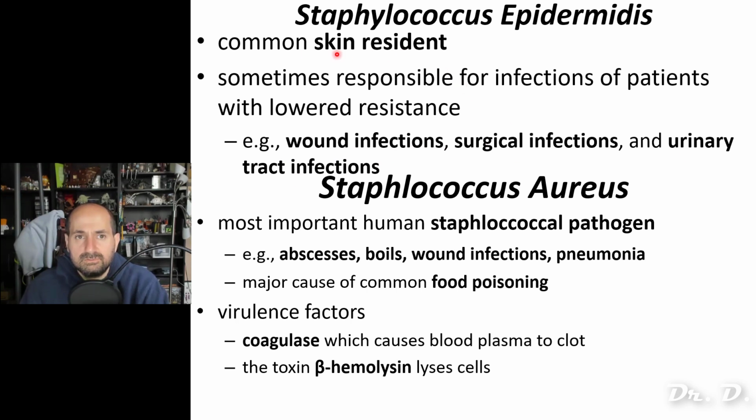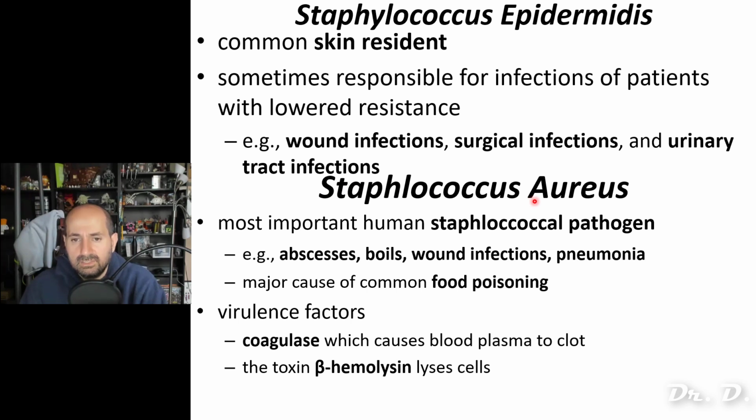Again, this is a normal skin resident, which is an opportunistic bacterium. That means Staphylococcus epidermidis grows on the skin and normally doesn't cause any harm. However, if you were to get a wound, if you were to get a surgery that's not properly treated, if you were to introduce these bacterium to the urinary tract, well, then it could cause an infection and pain and suffering.